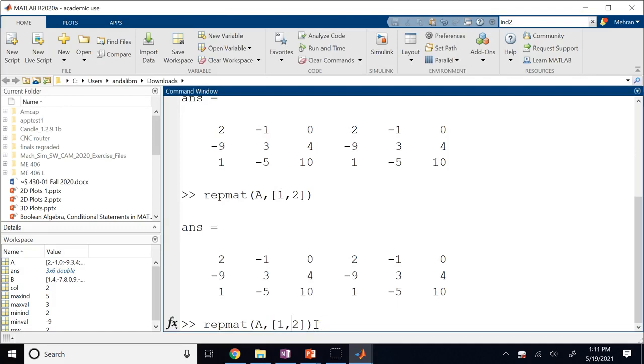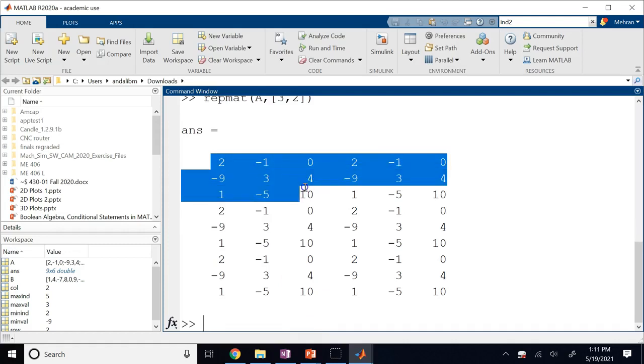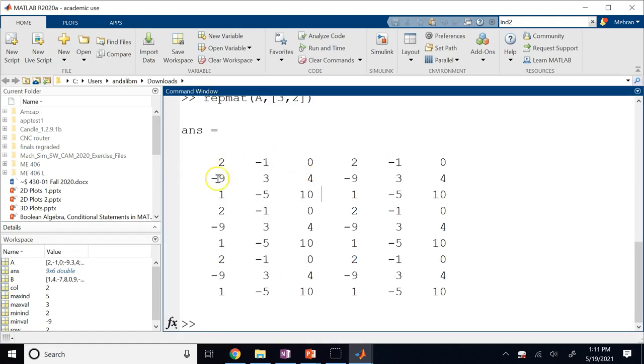Now I can make this more complicated. Make it a 3x2 matrix, 3 rows, 2 columns. In each entry of that, make A. You see? If you see here, this 3x2 is A, this 3x2 is A, another 3x2, another.